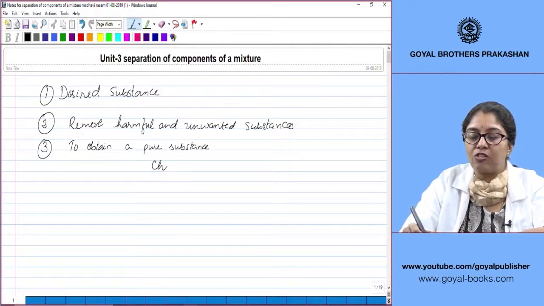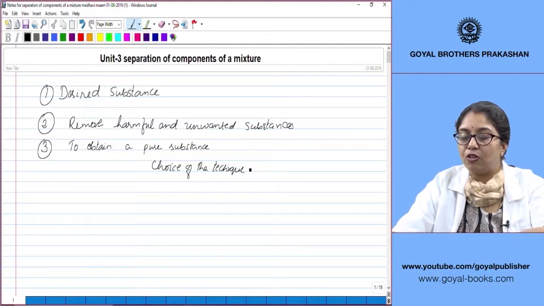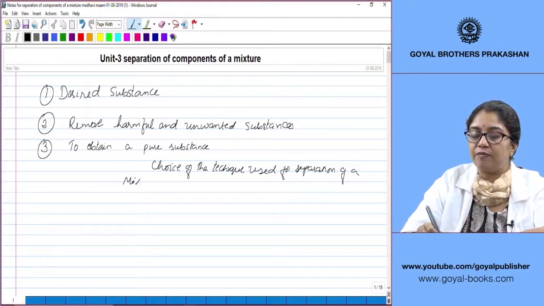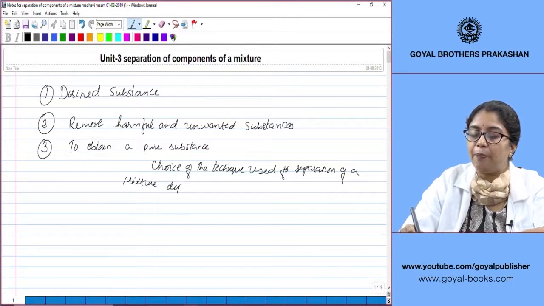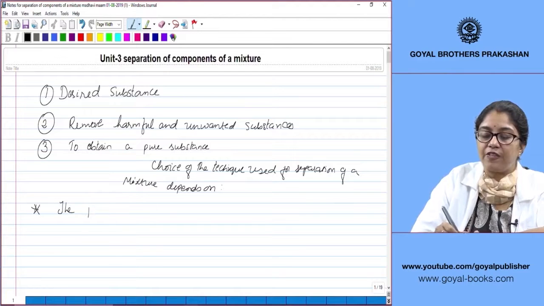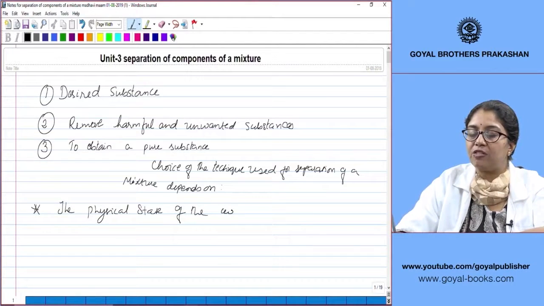So, the choice of the technique used for separation of a mixture depends on, number one, the physical state of the components of the mixture.